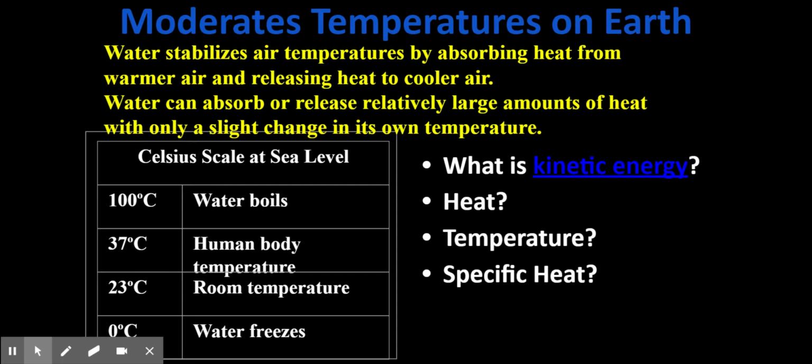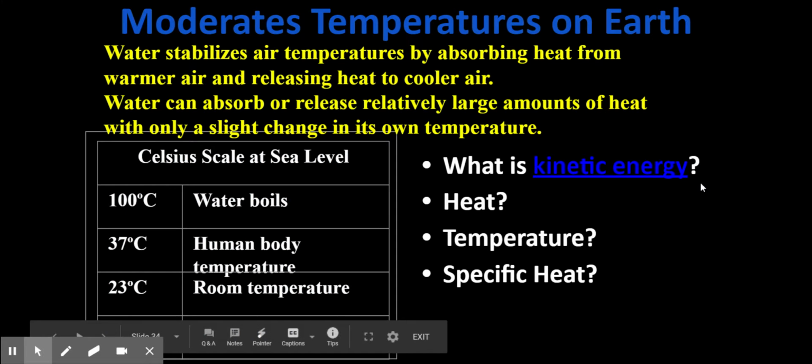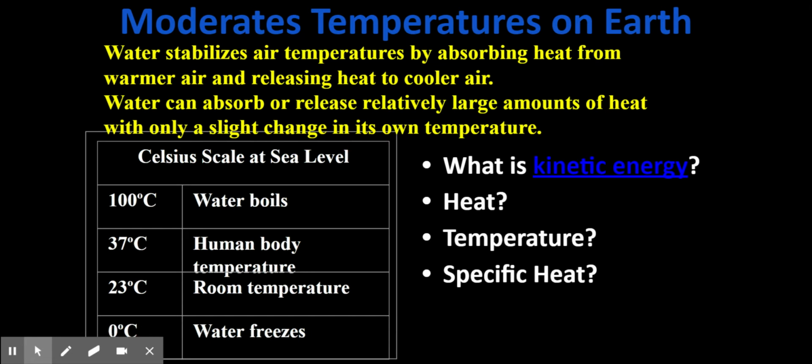What is kinetic energy? Kinetic energy is defined as 1/2 mv squared. But I want you guys to equate kinetic energy with the motion of the molecules. Okay, so kinetic energy is how fast they are moving. Heat is a transfer of energy.